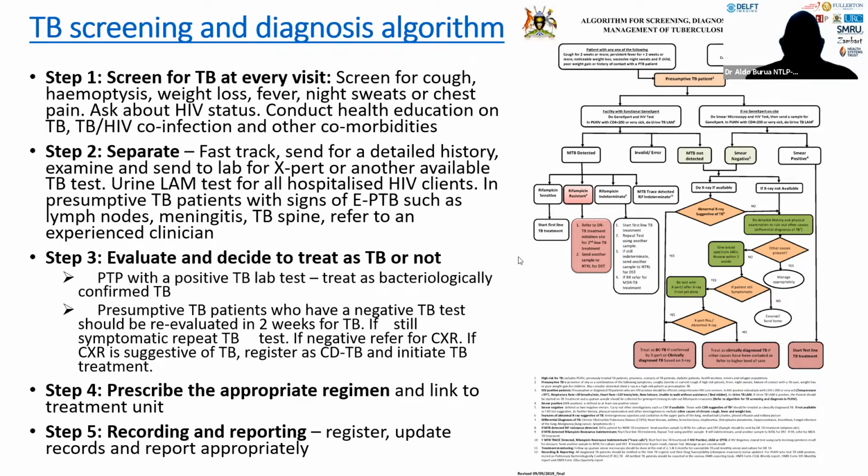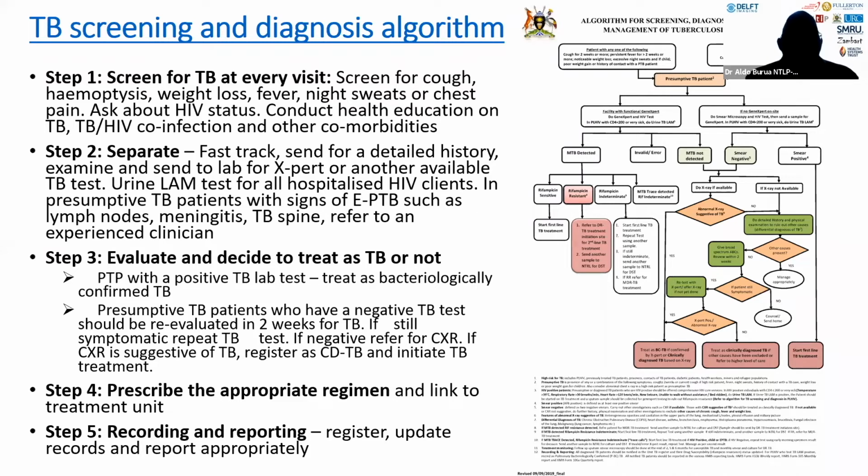So from our algorithm, those who are found to be presumptive TB are sent for laboratory investigation. So in step 2, we separate, fast track, and send all patients for detailed history examination and laboratory examination for those who are found to be with TB symptoms or with the abnormal X-ray suggestive of tuberculosis.